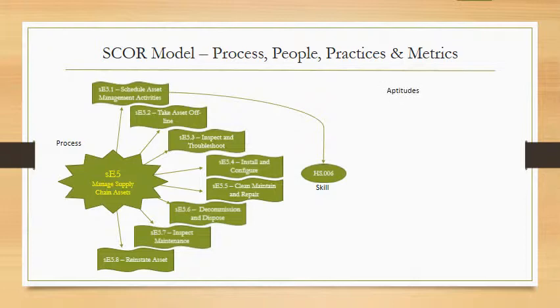Some of the aptitudes required for this skill, and which are also relevant to CMMS, are HA0023, Diagnostic Information Gathering, Analysis, and Problem Solving. HA0028, Enabling Technology. And HA0056, Process Orientation, Systemic and Conceptual Thinking.